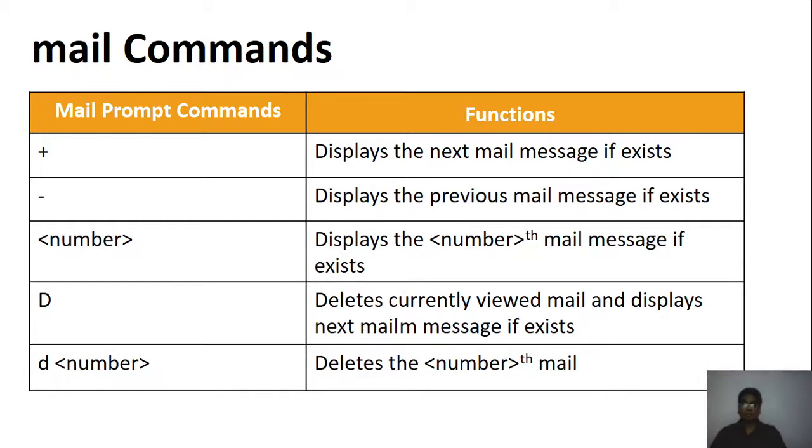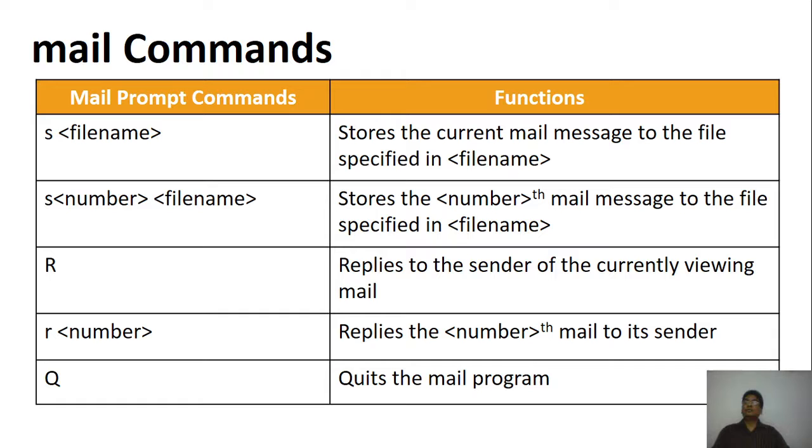Let's go to the next one, and that is if you want to save the mail. So you can say s and give the file name. It will be saved in that file name. And if you say s followed by a number, it will be saved in that particular file name.